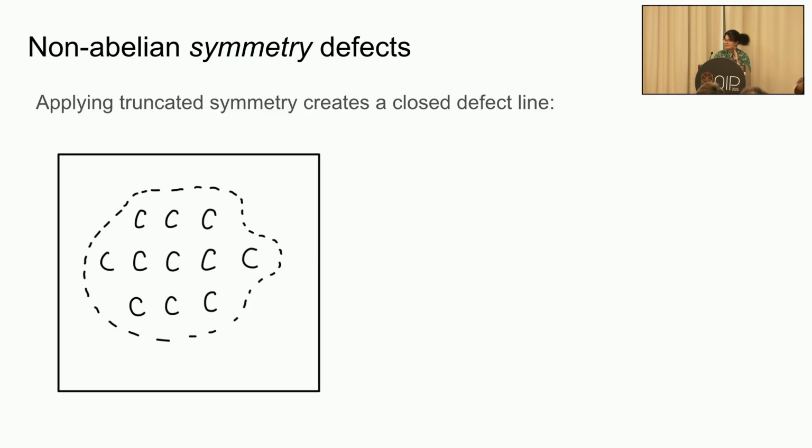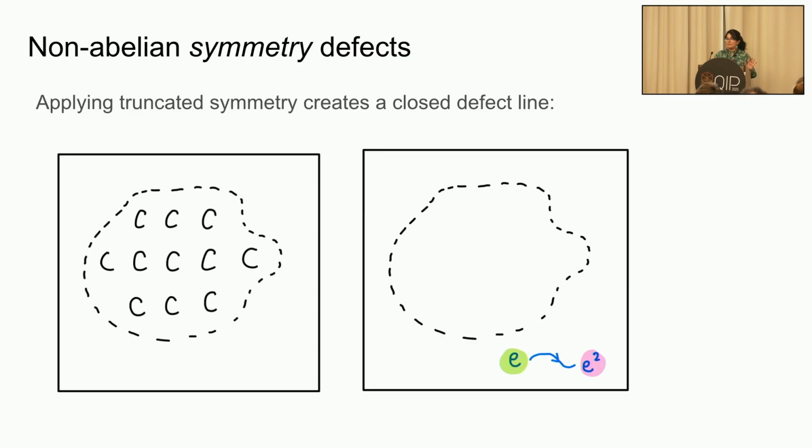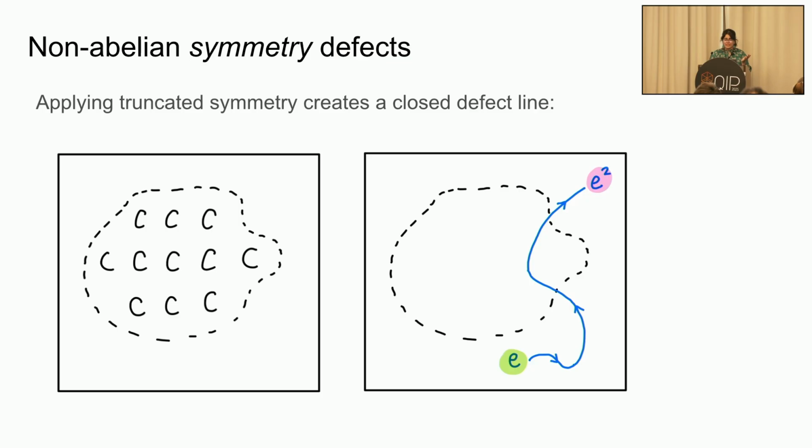So what does this do? Well, if I start out with some E anyon pair, then when I cross this dotted line, an E squared becomes an E and an E becomes an E squared. But if I cross it a second time, then everything goes back to normal. So this isn't really doing anything very non-trivial. It's just a change of convention in some region.